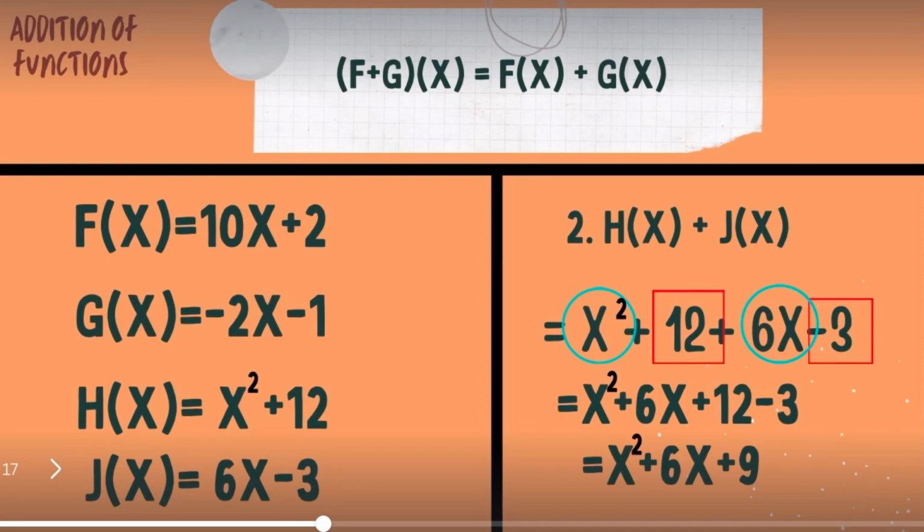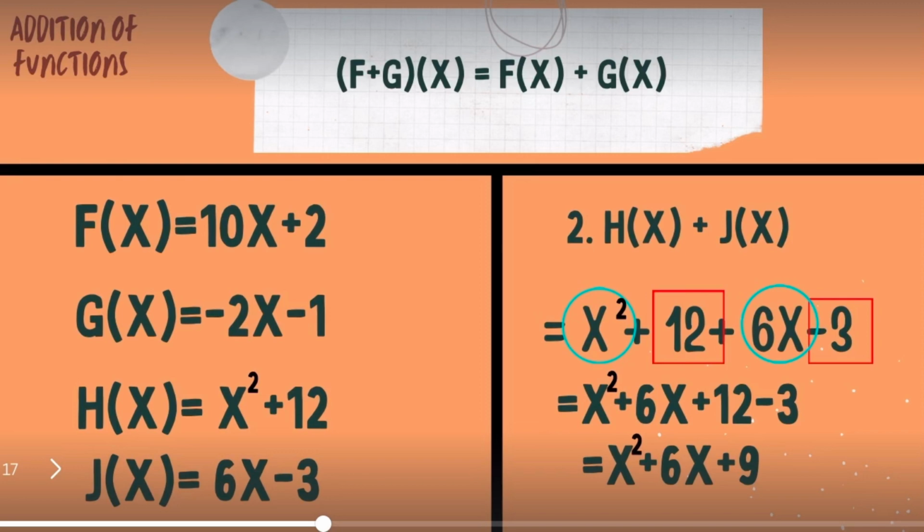Since x squared, or x raised to 2, has the exponent, we have to put it at the very first. And then 6x, because it has x, that means it's raised to 1. And then the numbers with no variable or exponent at all.